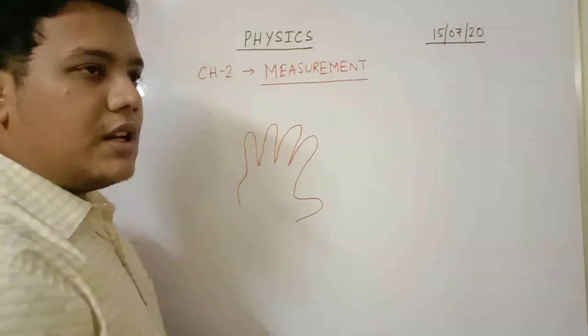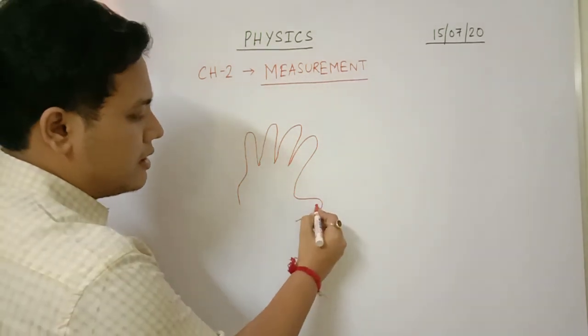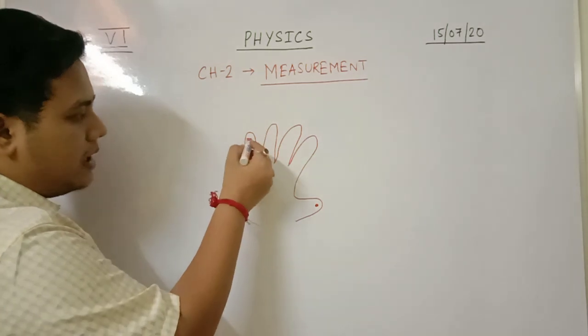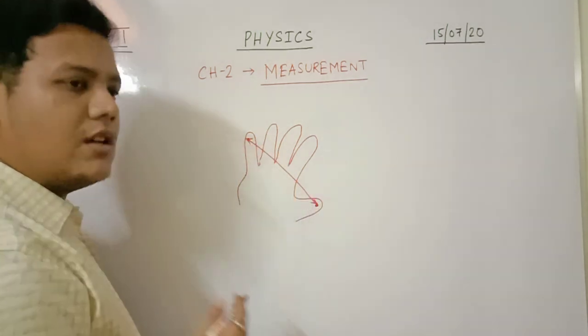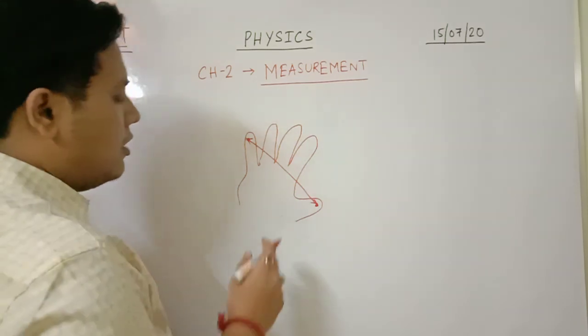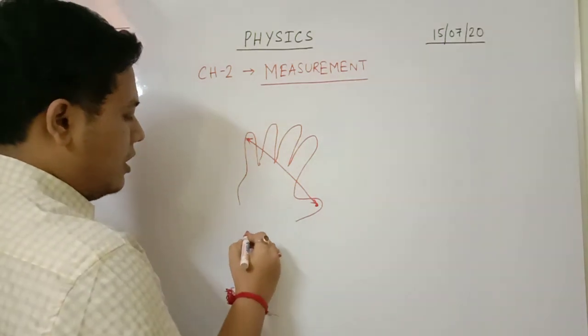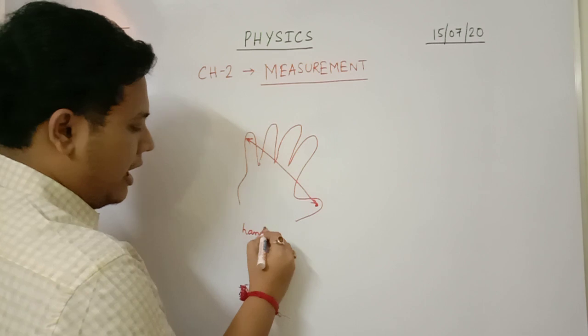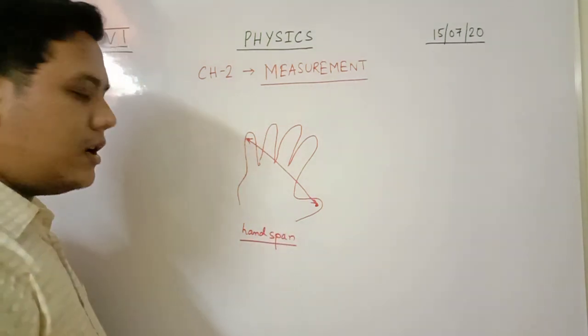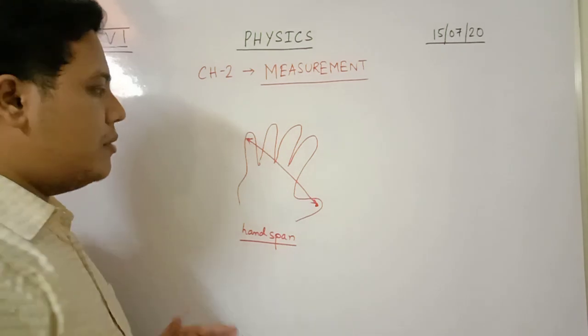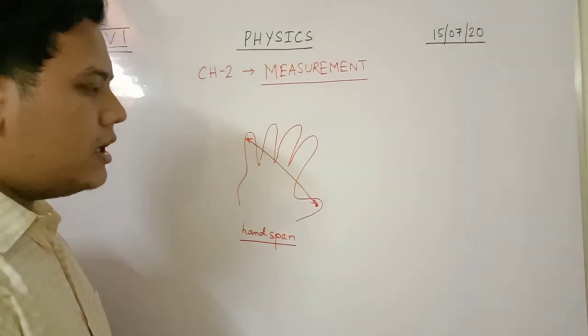He tries to measure length using the length from its thumb to the last finger. He uses this length to measure an object. So this length was called the hand span. In ancient times, people named it hand span to measure the length of any object.